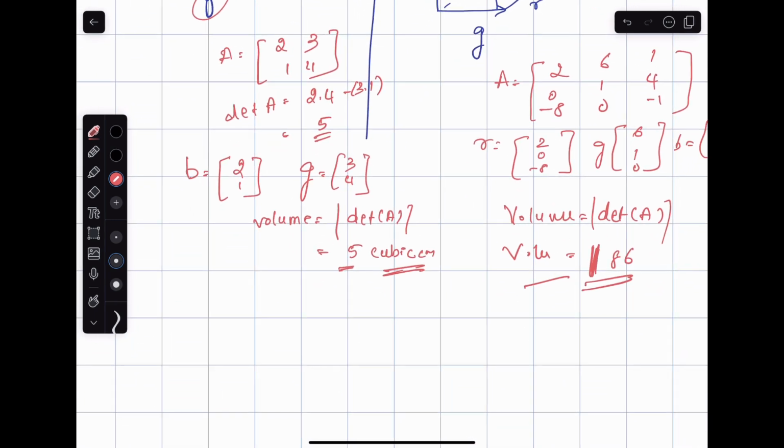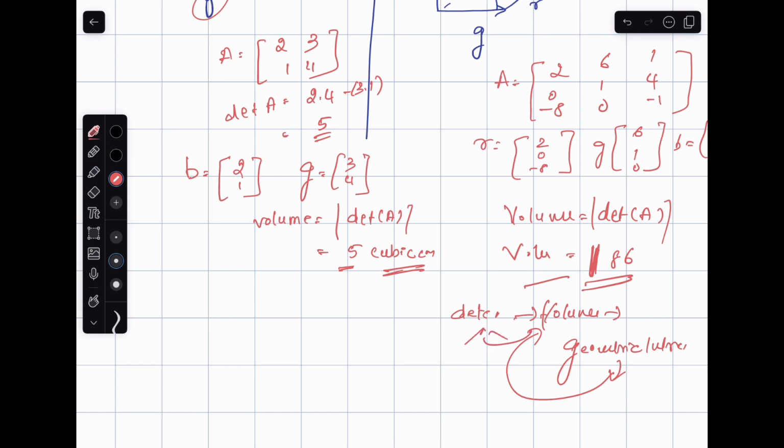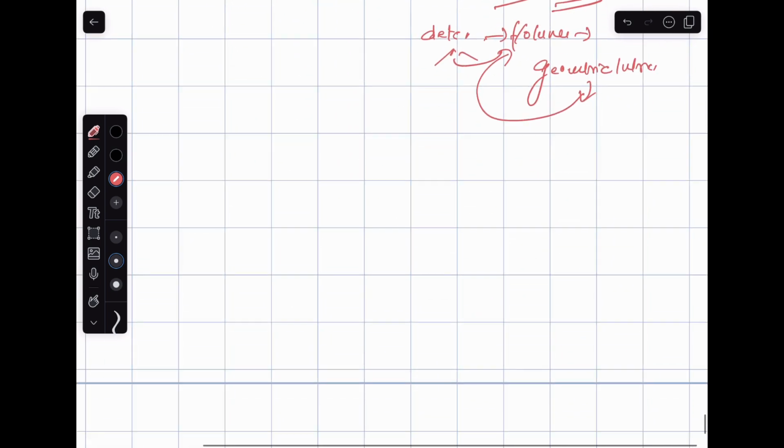Don't get confused: you are computing the determinant only, but the logic is that using the determinant you are finding the volume. This is the geometric interpretation of the determinant. All right, so that is all about determinants. There is one more topic called Laplace expansion that I'll take in the next tutorial.